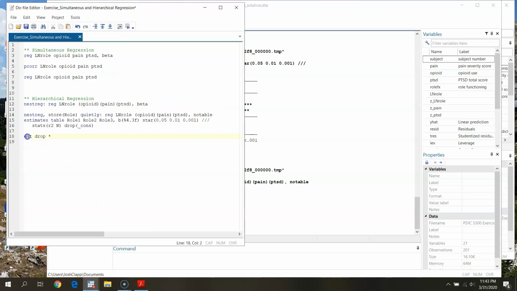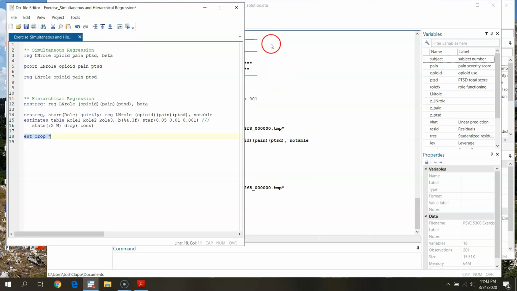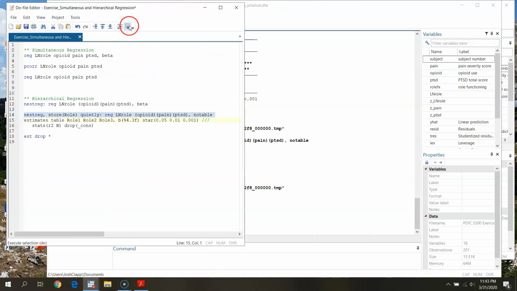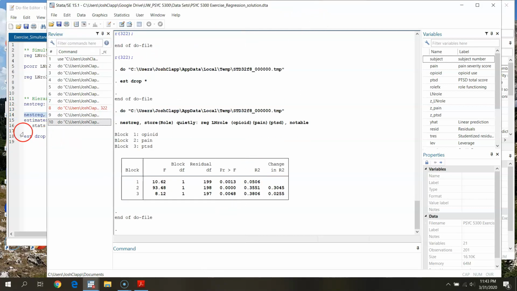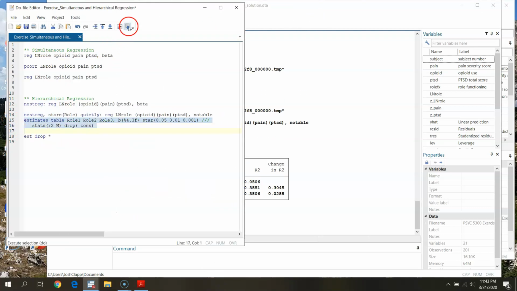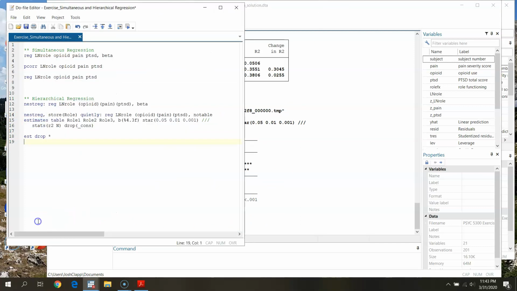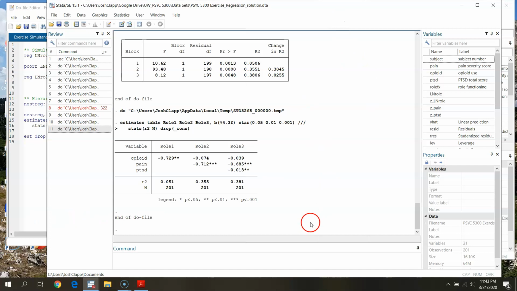So if we just use the command est drop and then an asterisk, what that's going to do is clear it out. And now I could rerun this quietly, save my results. Now it's back. And then create my estimate table here if I want to do that. So just a couple slick things, different ways you can pull this up.